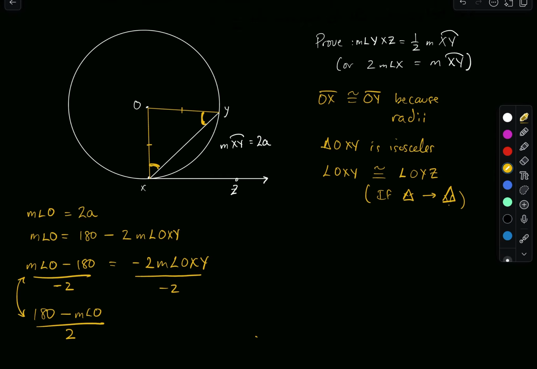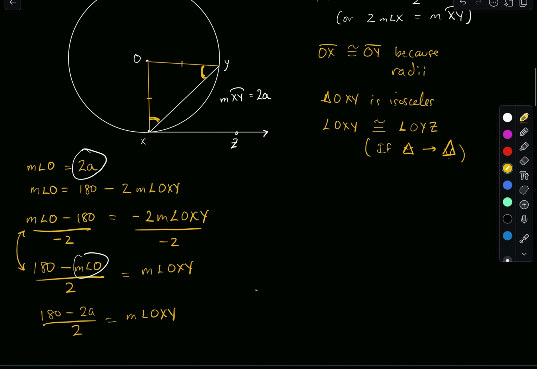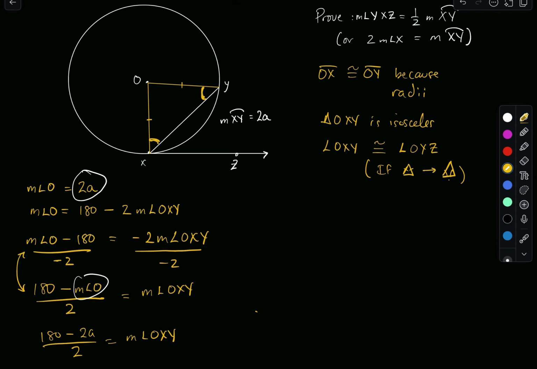And then over on the right-hand side, I have just the measure of angle OXY. Okay, but I've already said I have something here that could go there. So this means that I get 180 minus 2a over 2. Okay, but then I can divide on the left and get 90 minus a equals the measure of OXY.